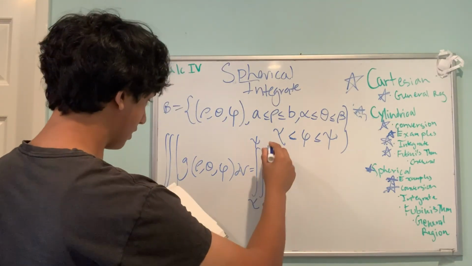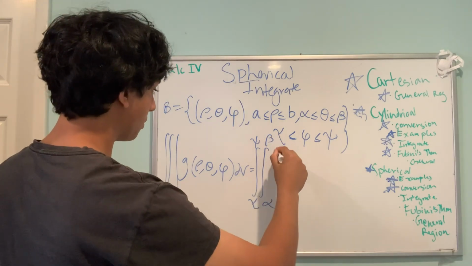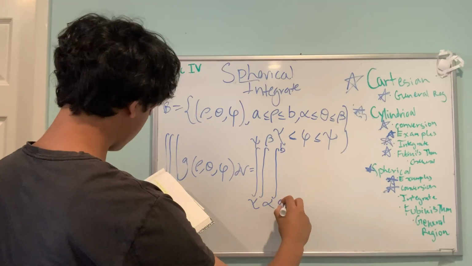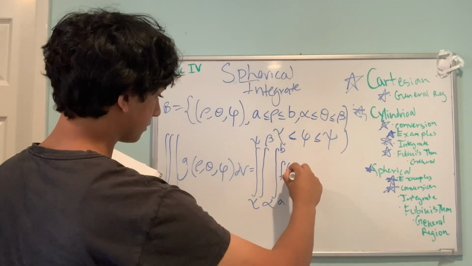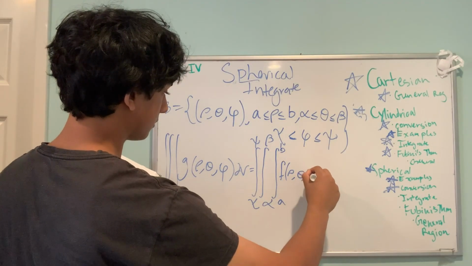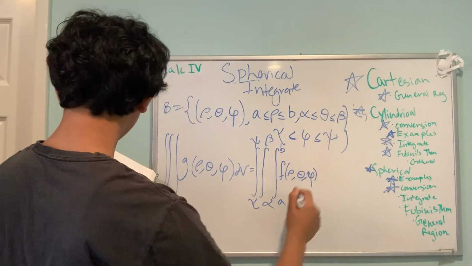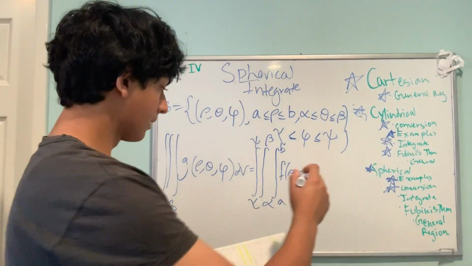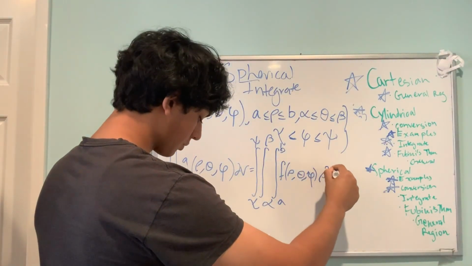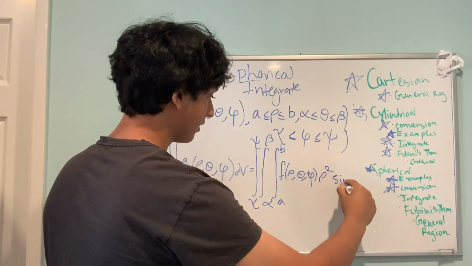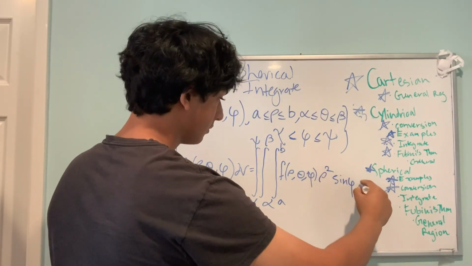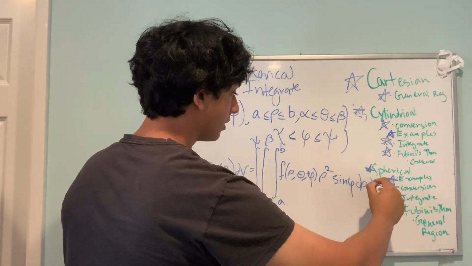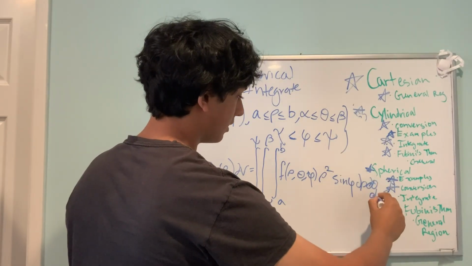Make sure that you get your integration in the right order so that you don't mess up at the end. And our dV becomes rho squared sine phi d rho d theta and of course d phi.